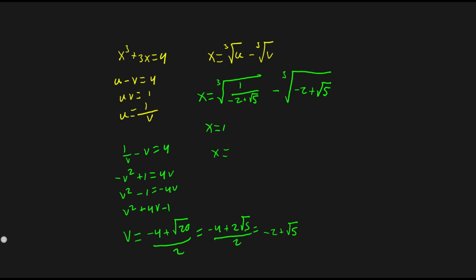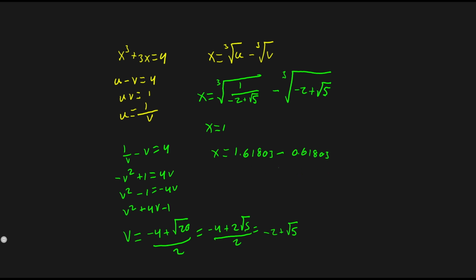So we have 1 divided by negative 2 plus root 5, which is 1.61803. We're just going to leave it as that. And the negative 1, or what's on the right side, is going to be minus 0.61803.